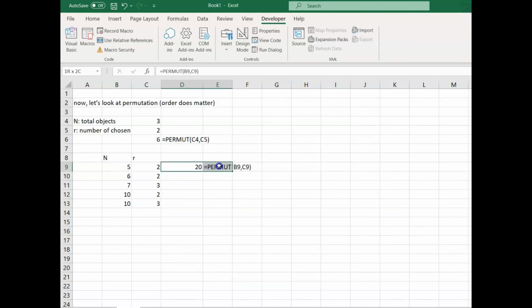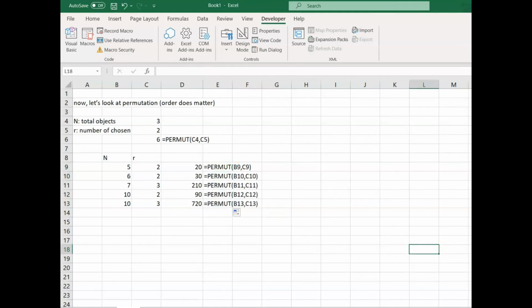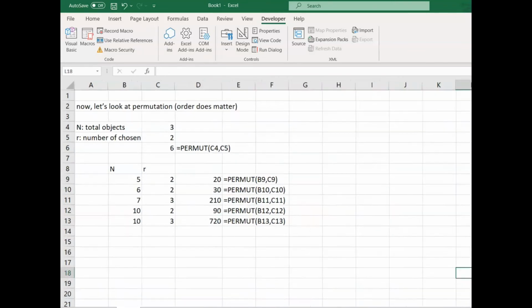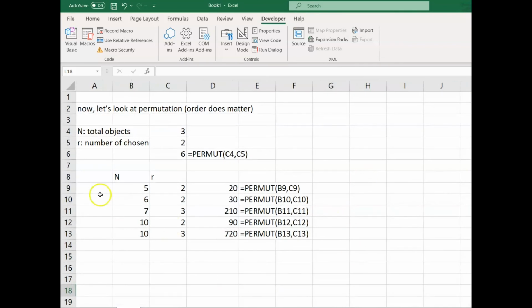Okay, then we copy the formula down. Then we copy the SHOW FORMULA down as well. So this is our final result. Let's make it bigger. So this is where we applied PERMUT.